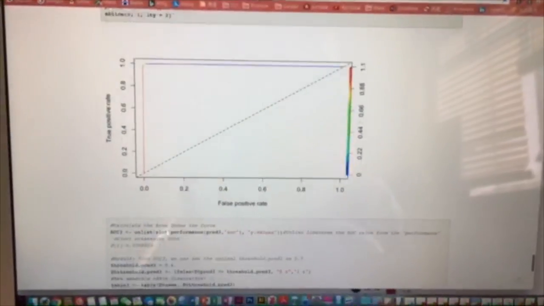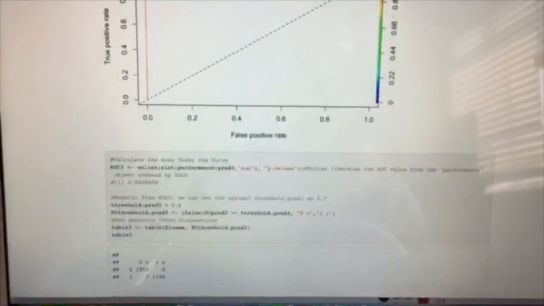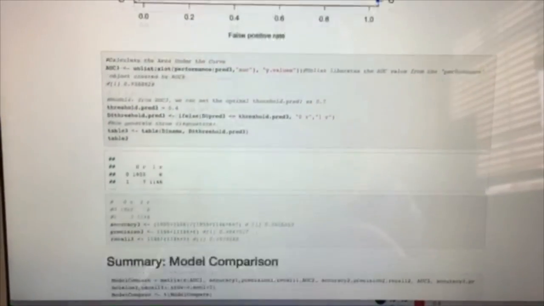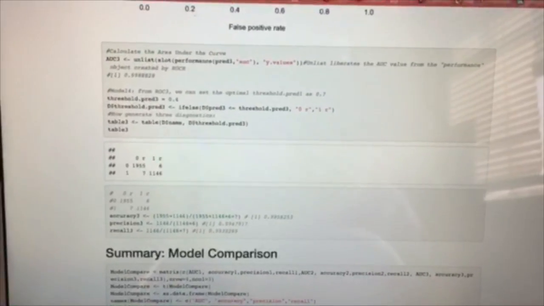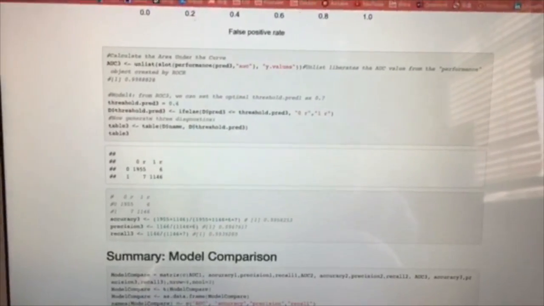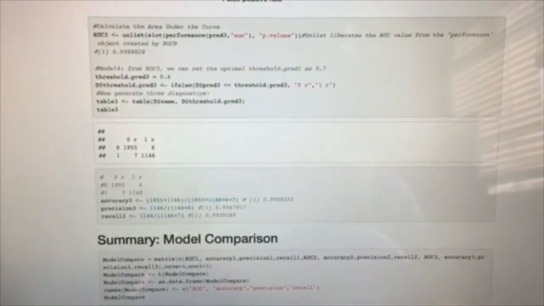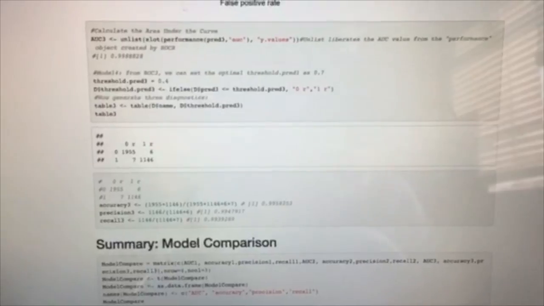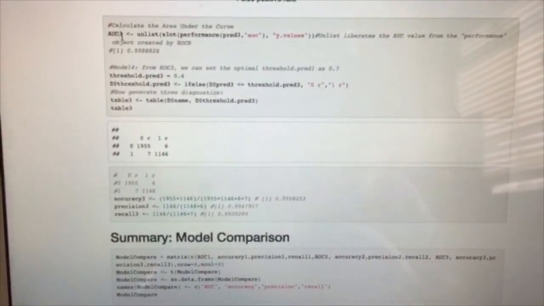Then I ran the prediction model by classification tree, and I've seen a pretty efficient model, and the output is pretty surprising: I have 99% for accuracy, precision, as well as recall, which means that my model is best at capturing the differences between the expert and beginner's performance.